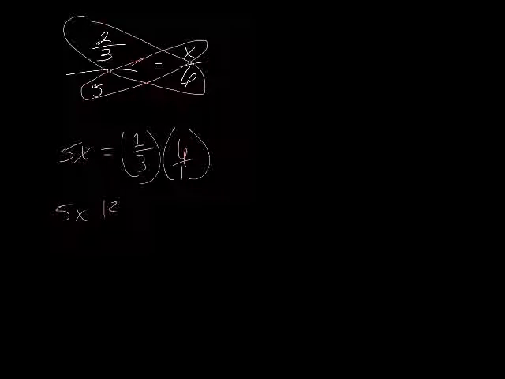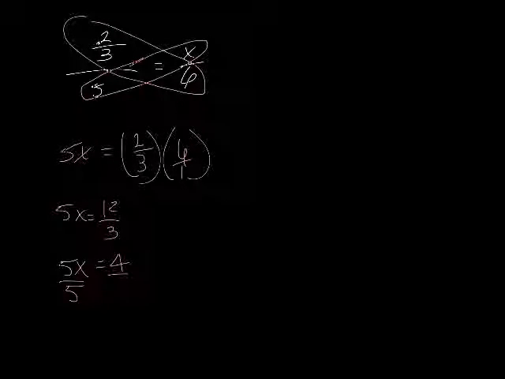So 12 over 3. So 5x equals 4. Divide by 5, divide by 5, goes away, and our x equals 4/5.